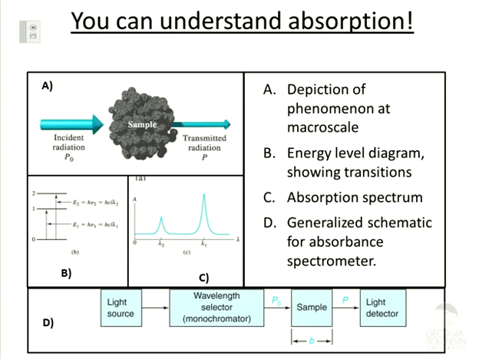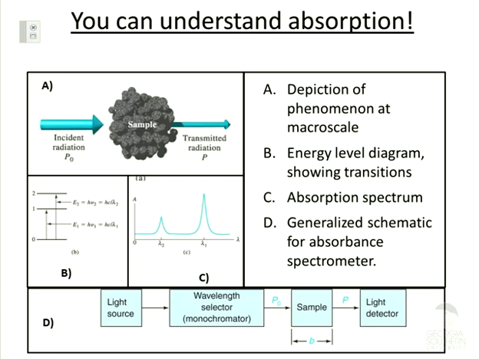Within this system that has three levels, it's possible to go from the ground state to either the first or second excited state. So there are two absorption transitions possible, at two different energies.